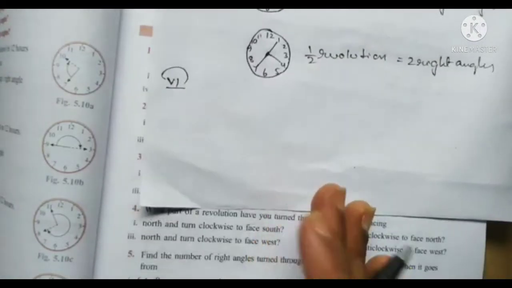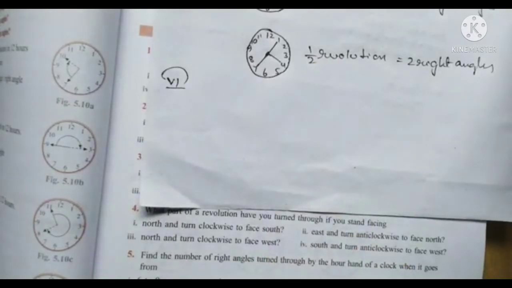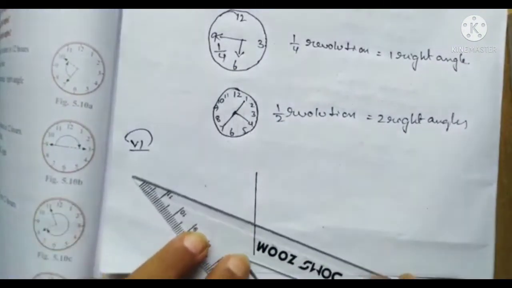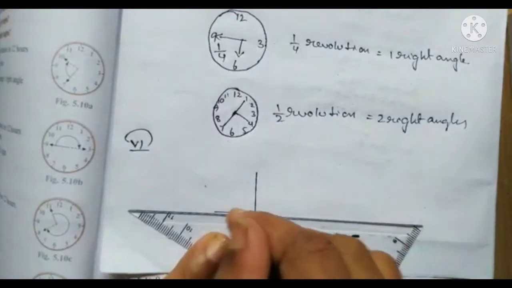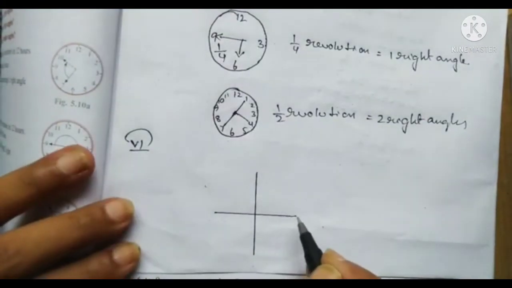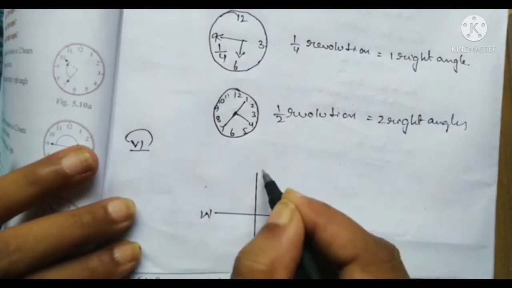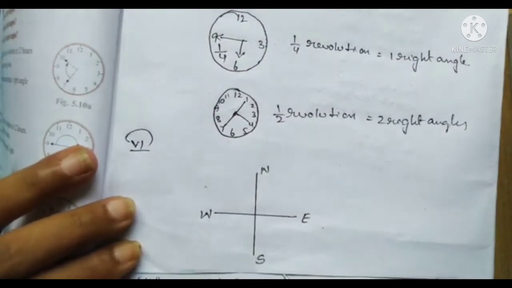Next, question number 6. How many right angles do you make if you start facing north and turn clockwise to west? These are the directions: east, west, north, south.